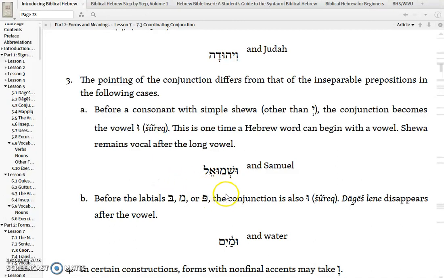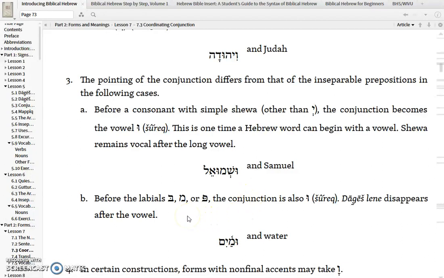But it turns out that if the next word begins with a shavah, it tends to go to a shurik. So instead of getting Vishmuel, you end up with Ushmuel. And so it's vocalized as a U.